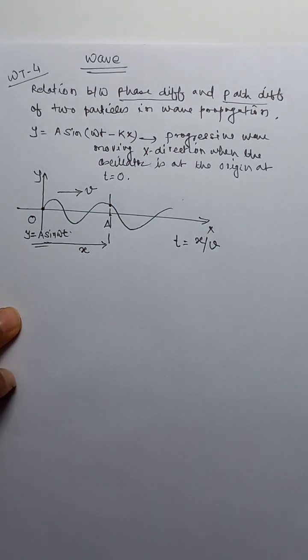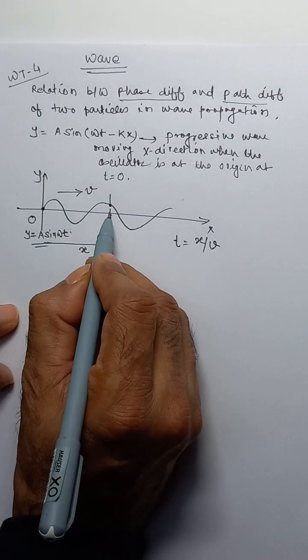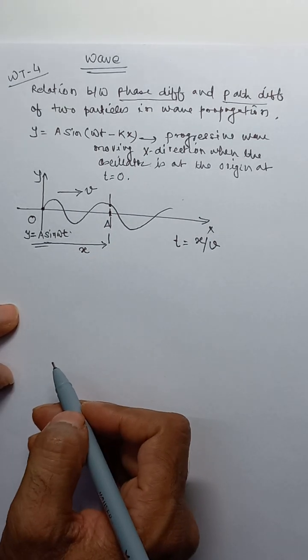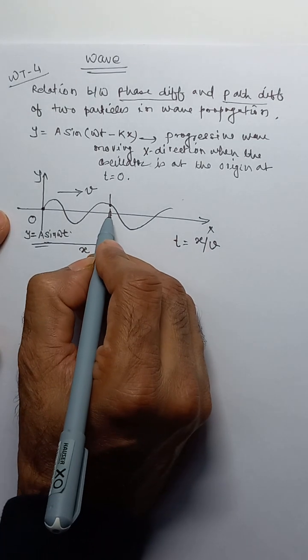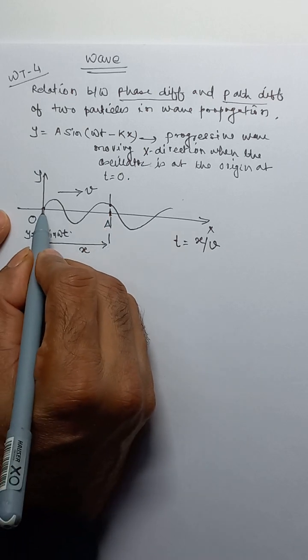So in terms of phase, the phase of the particle at A will always lag with respect to the origin.